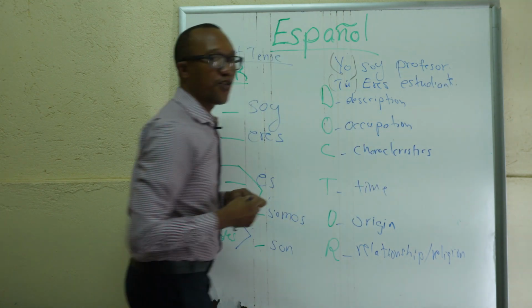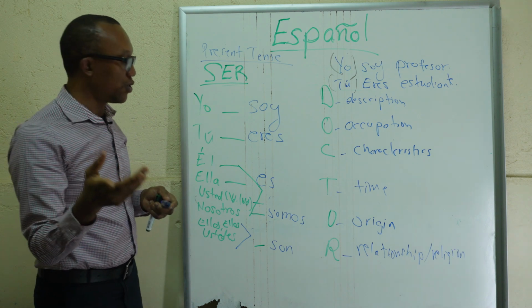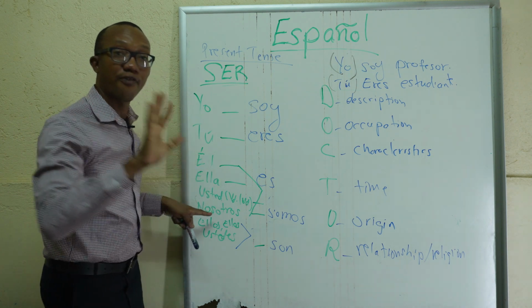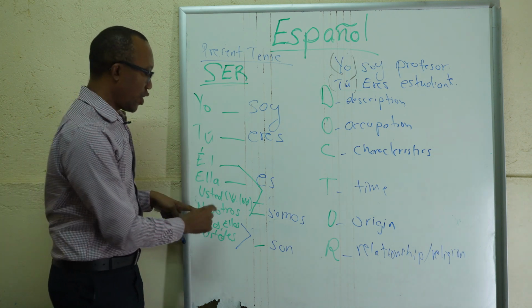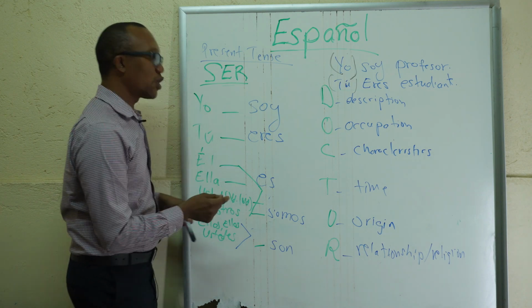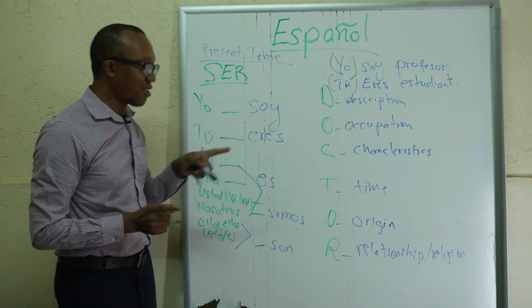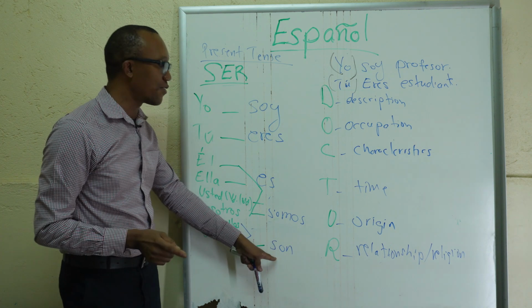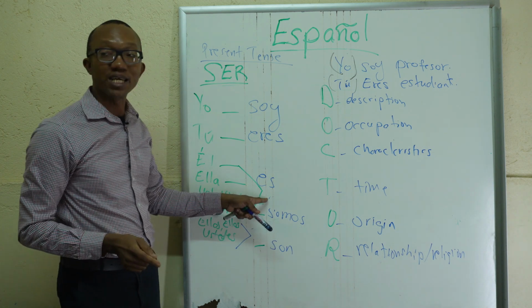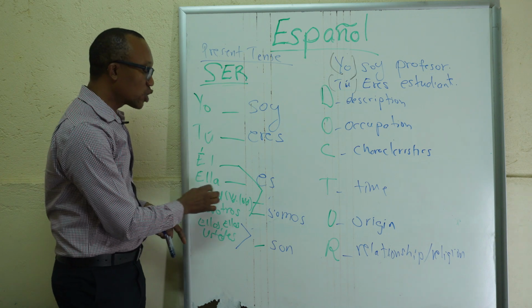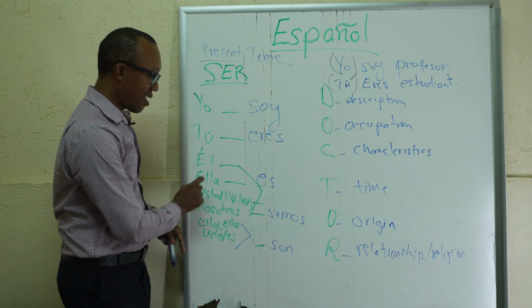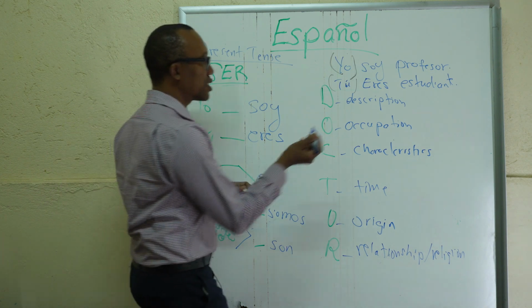Alright? But if you don't know the individual, you would use usted. You are not familiar with the person, the individual, you would say usted, and of course you would not say eres. You would not say somos, you would not say son, you would say es, because es is aligned to usted, él or ella. So we are using usted.